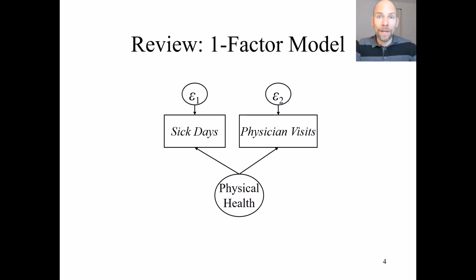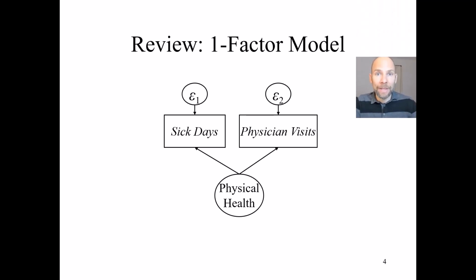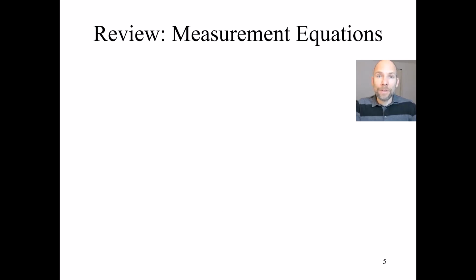Now let's take a closer look at the math, the equations behind this model and the parameters that are estimated in such a model. First of all, I want to review with you the formal measurement equations that we already saw in the last session. More formally, we could call that latent variable f1, our factor reflecting physical health.